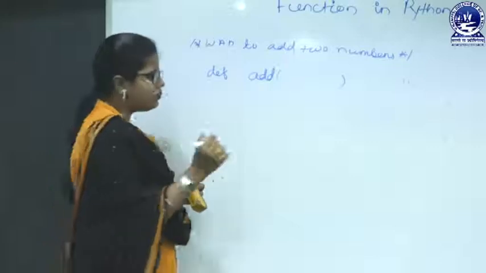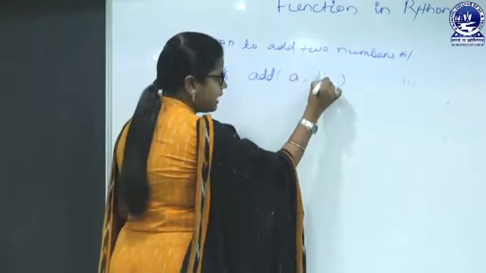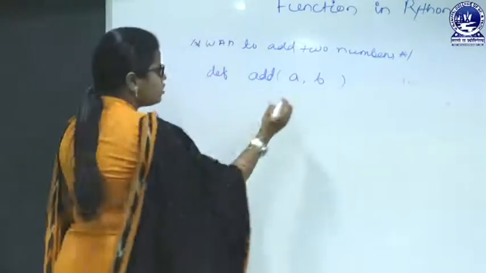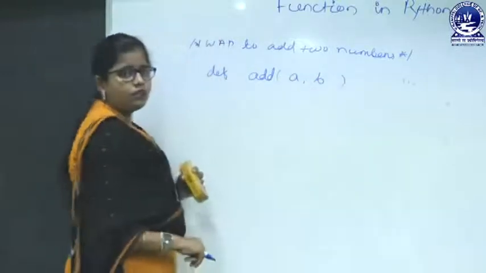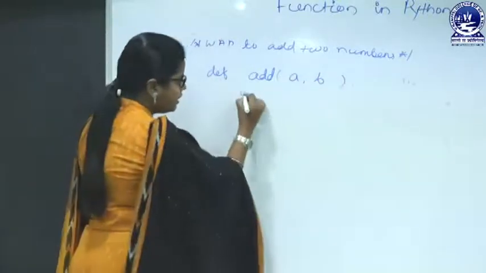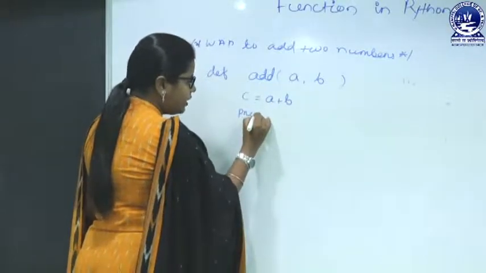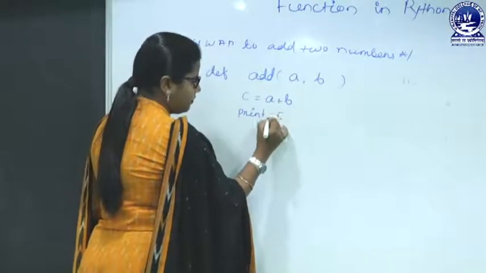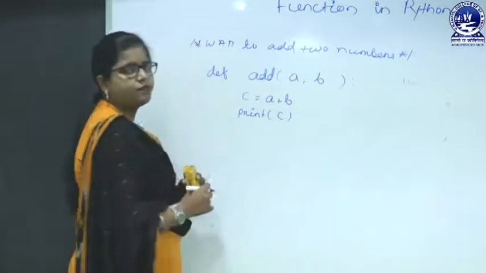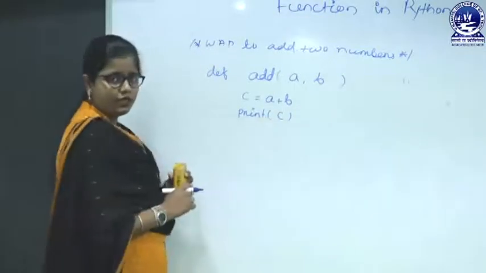We are adding 2 numbers, so the arguments are A and B. Here we have to put a colon and follow the indentation. C equals A plus B. Now, we can print the value of C.